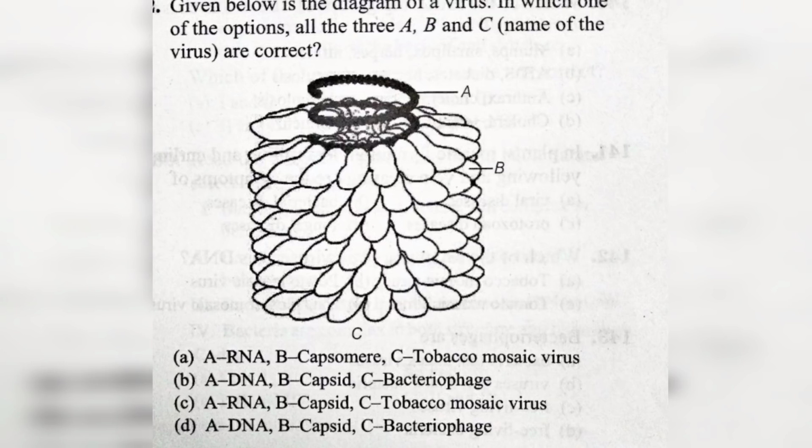The options are: A, RNA, B, capsomere, C, tobacco mosaic virus; B, A, DNA, B, capsid, C, bacteriophage; C, A, RNA, B, capsid, C, tobacco mosaic virus; and D, A, DNA, B, capsid, C, bacteriophage. And the right one is option number C, that is A, RNA, B is capsid and C, that is the overall body, is tobacco mosaic virus.